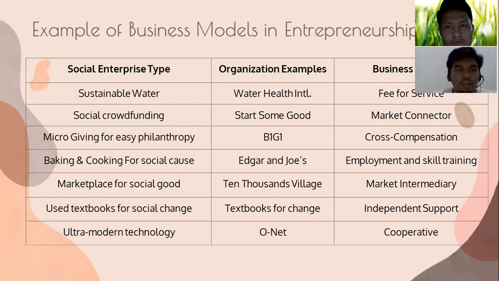Here is an example of each business model with its social enterprise type. For example, for fee for service, the social enterprise type is sustainable water. The organization example is Water Help International. This social enterprise aims to provide good quality water for people around the world.